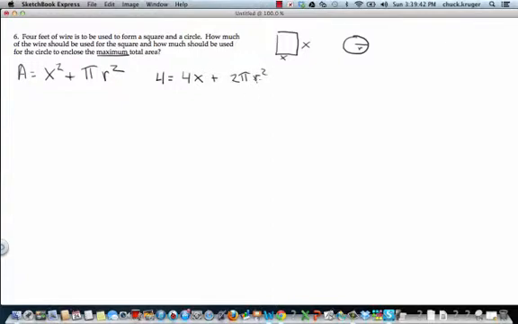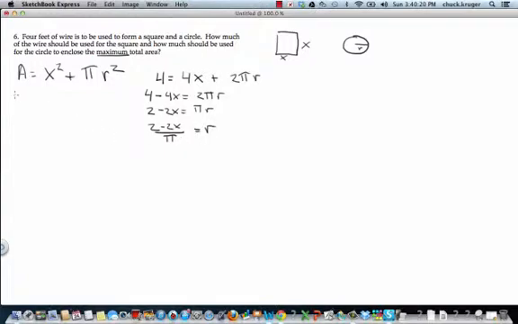What I'm going to do is get r by itself and define everything in terms of x. So I'm going to have 4 minus 4x is equal to 2 pi r. I can divide everything by 2, so I have 2 minus 2x equals pi r. So 2 minus 2x divided by pi is equal to r.